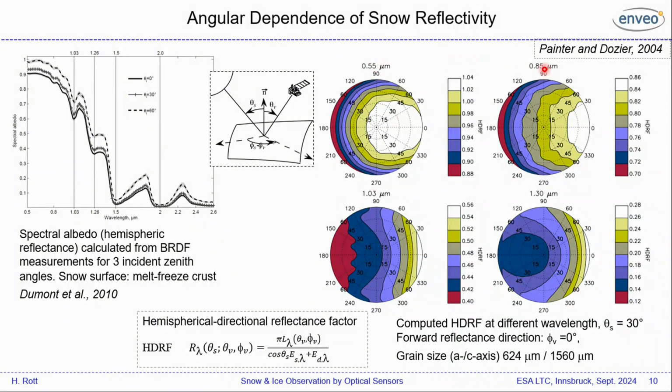that's different wavelengths, visible 0.55, 0.85, that's already starting with the near infrared and going on to the shortwave infrared. All these examples show the highest reflectivity in specular direction.